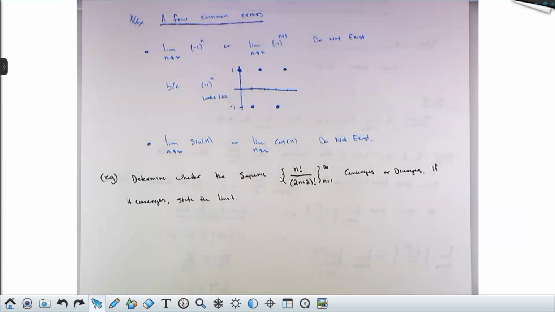I'm just asking where should I start? Write it out as a limit. Yes, if I want to know whether a sequence converges or diverges, I need to know whether the limit exists or not. Does it have a finite limit or no?